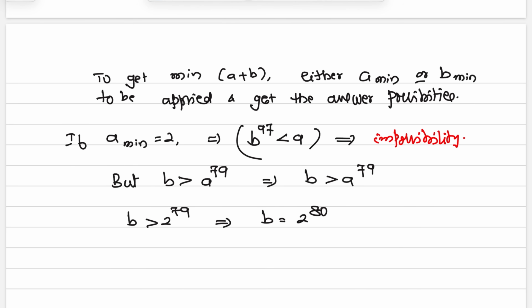Because b is greater than 1 and b belongs to the natural number set. Greater than 2 to the power of 79 means it should be 2 to the power of 80 only.